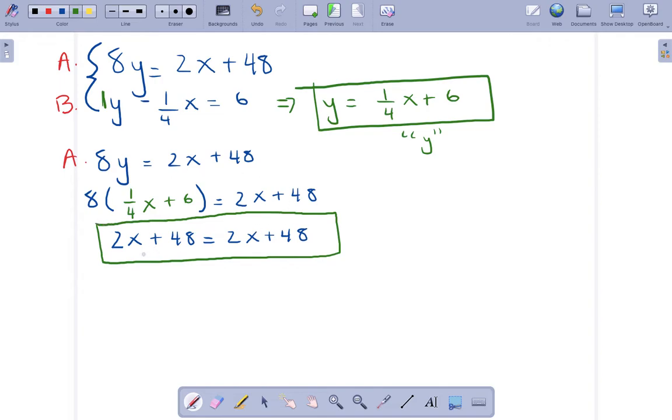Now, it does not matter what numerical value I choose for x here because it's the same on both sides, and the 2 sides of this equation are always going to be equal. In other words, if I let x equal 1, for instance, I get 2 plus 48 equaling 2 plus 48, or 50 equaling 50, and that's true 100% of the time.